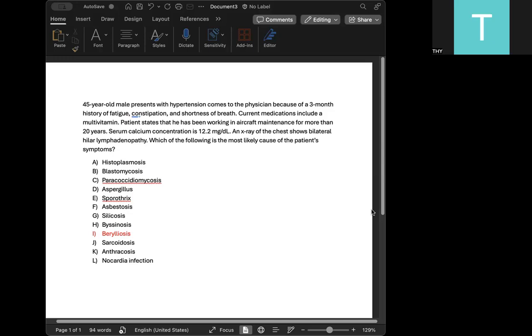Next is aspergillus. Aspergillus is moldy hay or moldy basement. Sudden severe asthma is associated with aspergillus. It loves old TB, and it grows at 45 degree angles. Usually the patient also presents with hemoptysis because of bleeding in the lung. Next is sporothrix.